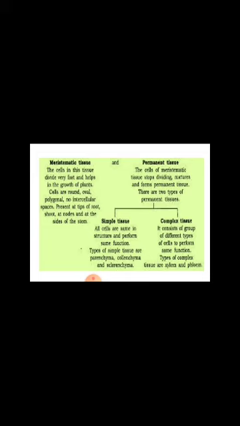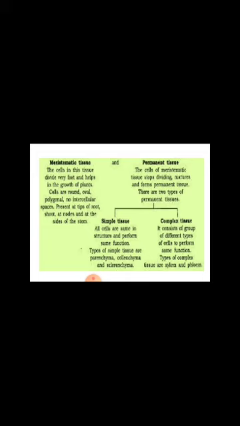When we talk about the permanent tissues, the cells of meristematic tissues divide, and when they stop dividing, they mature and then form permanent tissues. Permanent tissues are again further classified into simple tissues and complex tissues. Now, what are simple tissues?